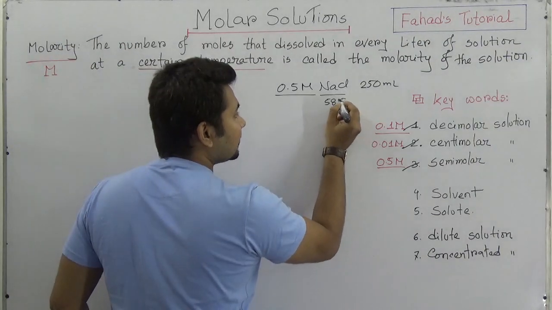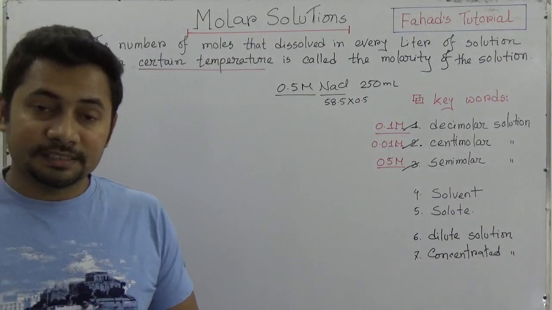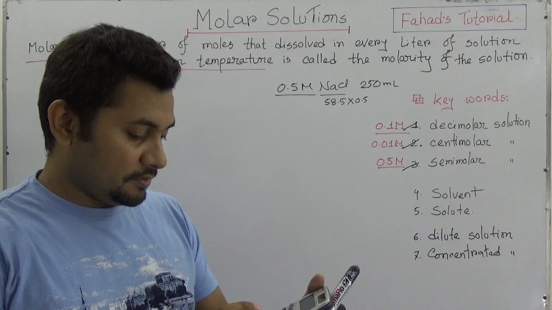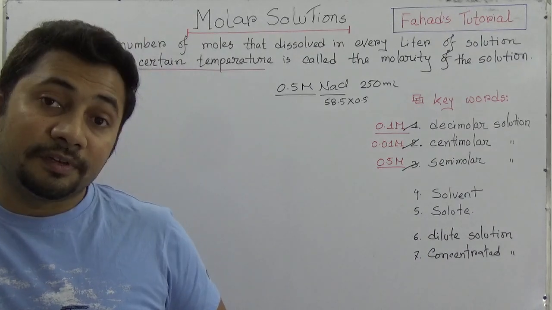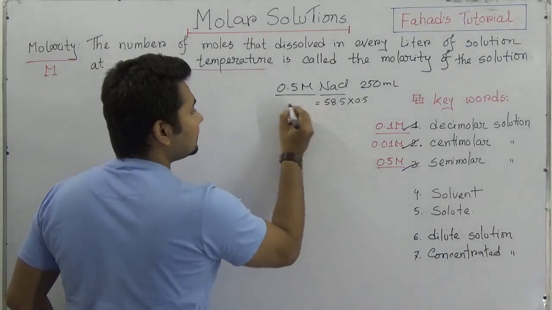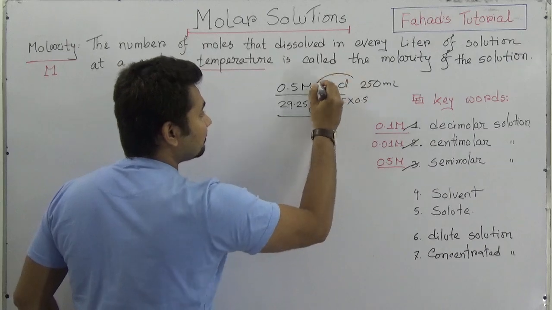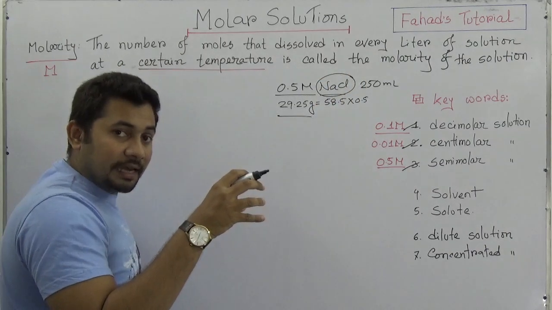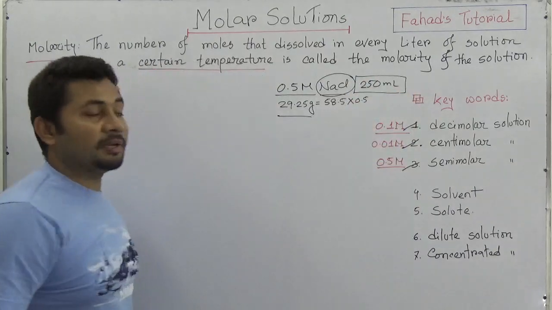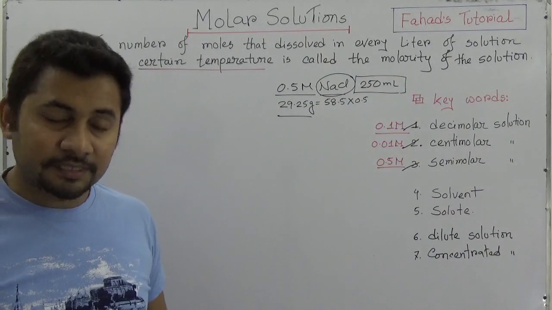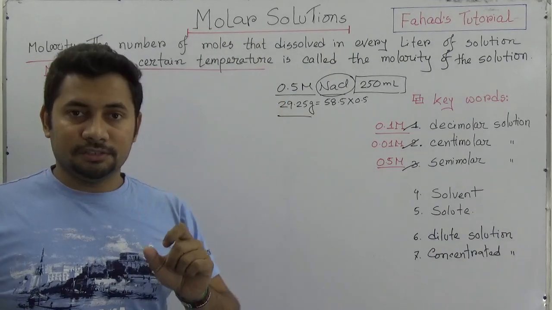So if I make it 0.5, that means divided by half. So we can say that 58.5 divided by 2 is 29.25 gram. So 29.25 gram sodium chloride is mixed, and then the solution's volume becomes 250 ml. So this is actually the semimolar solution.